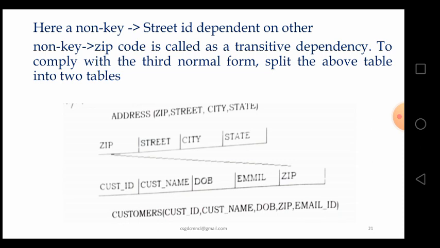In the employee table we take only three fields: employee ID, employee name, and employee zip, and divide the rest into another table, the employee zip table, with employee zip, employee state, and employee city. These are the three attributes in this employee zip table.